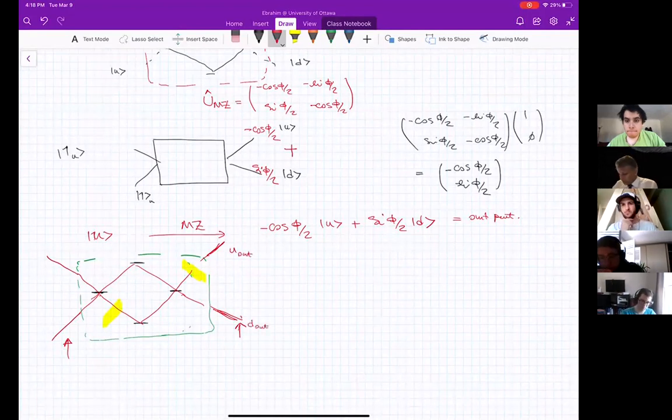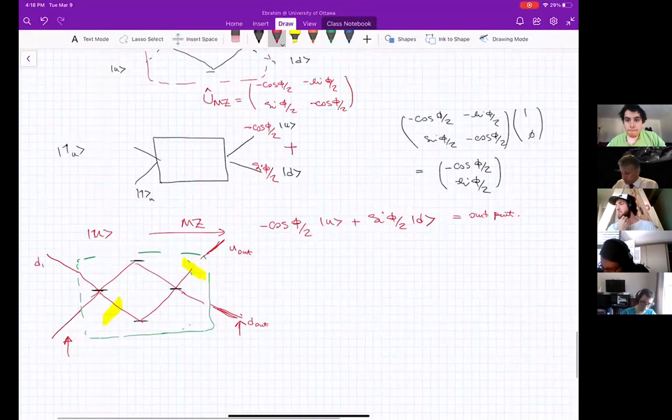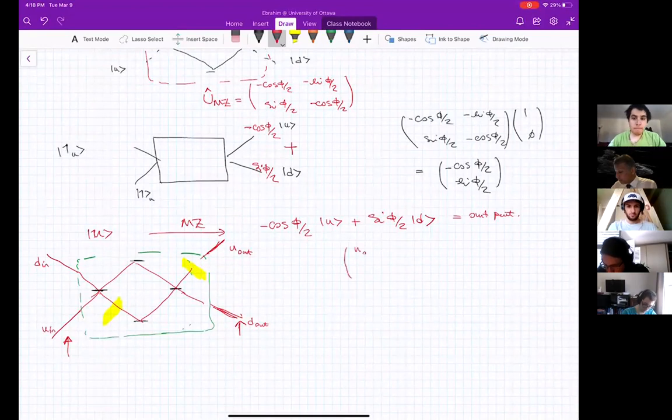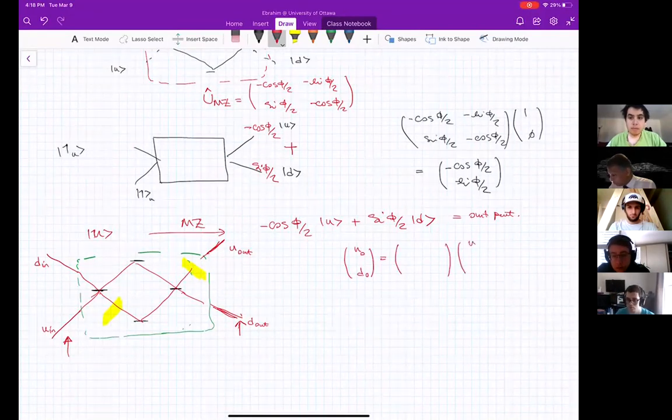And here you have down of input and up of input. There is a link between U of output, or UO, let's call it, not University of Ottawa, but UO, and DO, to U in and D in. This is what we build up right now.